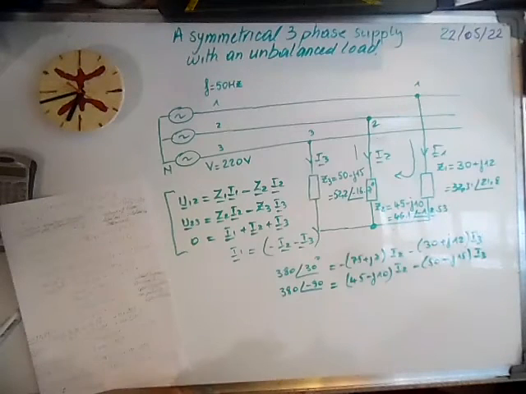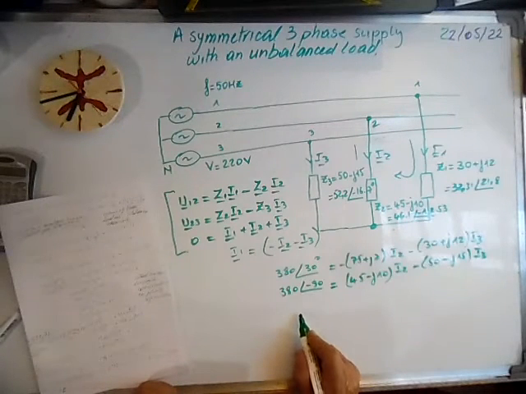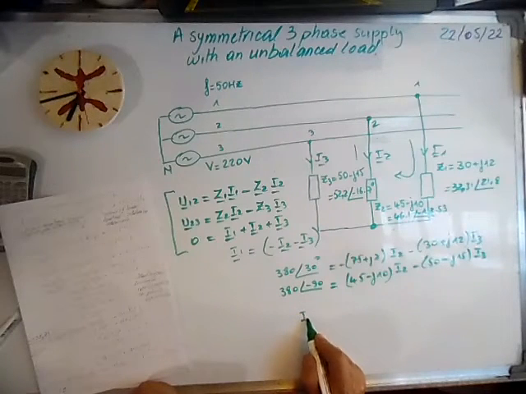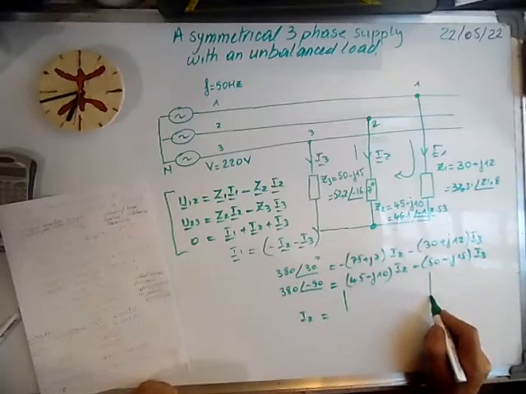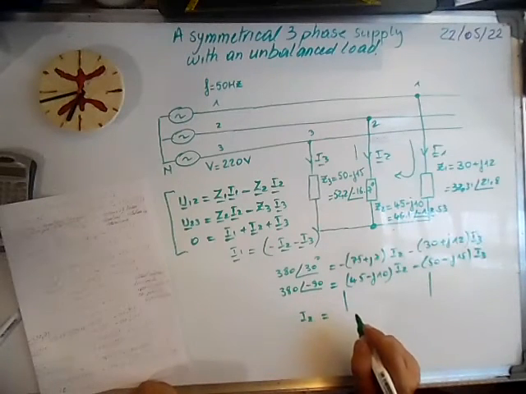And we can now use the determinant method. It means we can calculate I2 by calculating the main determinant.